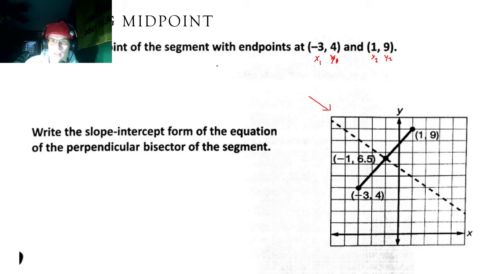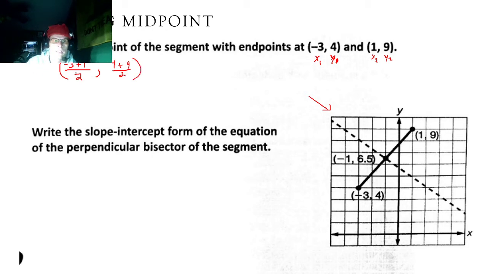So x1 is negative 3 plus our x2, which is 1, and we're dividing it by 2, okay? So that's our first number. And then our second number is going to be y1, 4 plus 9 over 2.